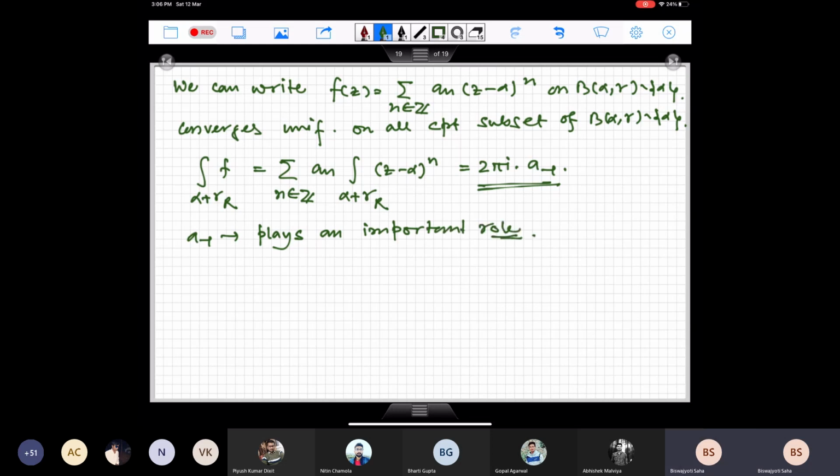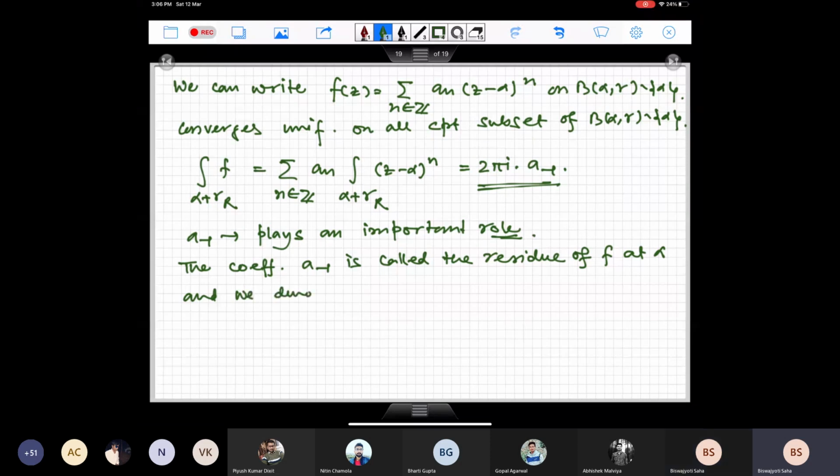Okay, so let us give a special name to this a minus 1. The coefficient a minus 1 is called the residue of f at alpha, and we denote it by Res f at alpha like this.